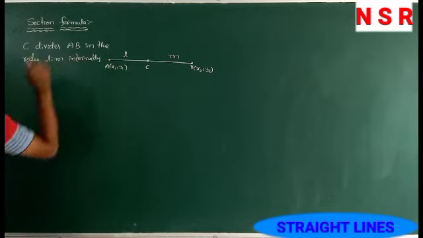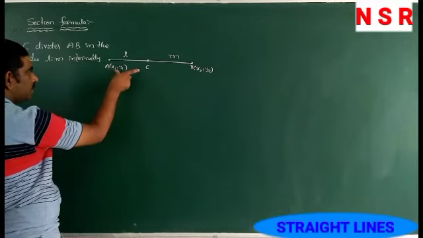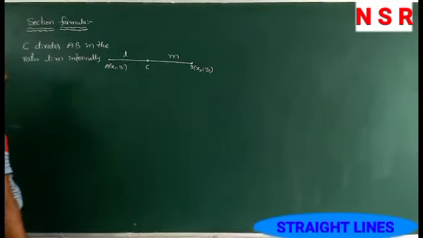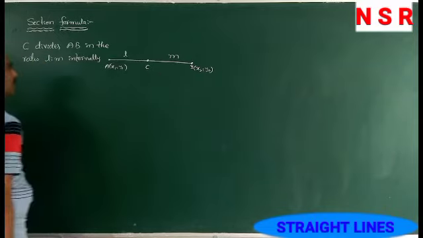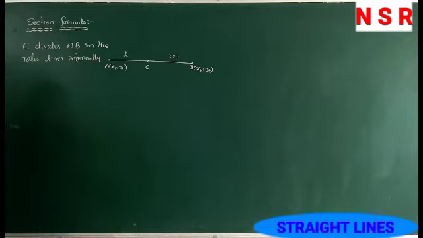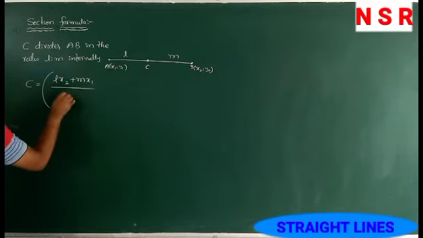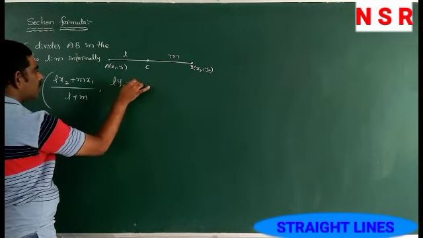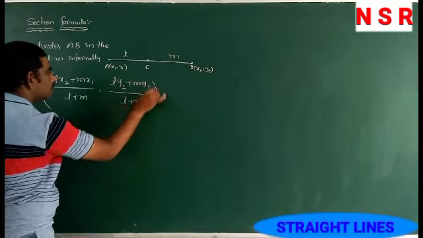We don't know the exact distance between AC and BC, but the distance AC is L and BC is m. These two distances are different, not equal, so at that time we use this section formula. Here C is internal to AB. Now the coordinates of C are (Lx2 plus mx1) by (L plus m), comma, (Ly2 plus my1) by (L plus m).